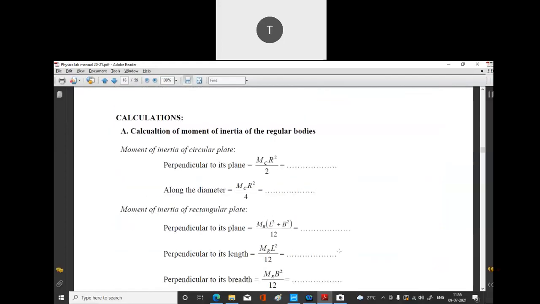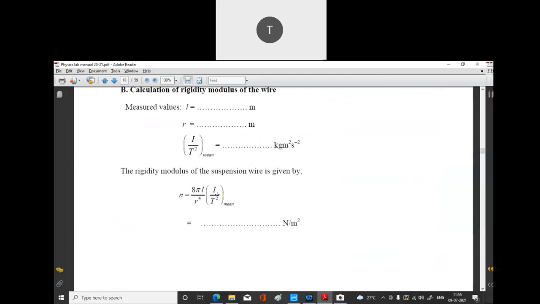Then substitute that in your equation. L is the length, R is the radius, so you use the screw gauge. I will give you the length and radius values, and then you can do the calculation.